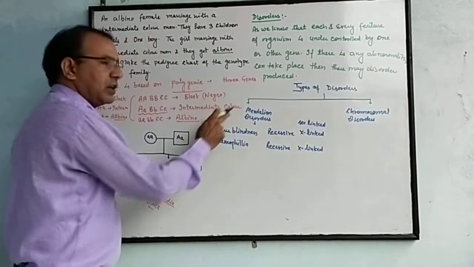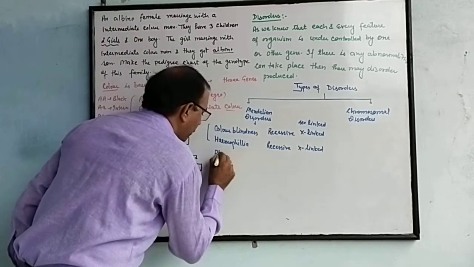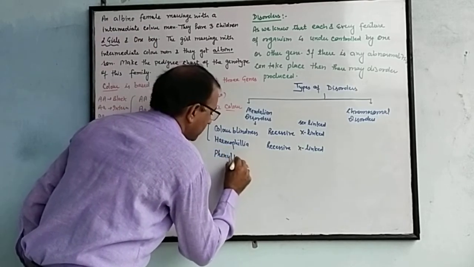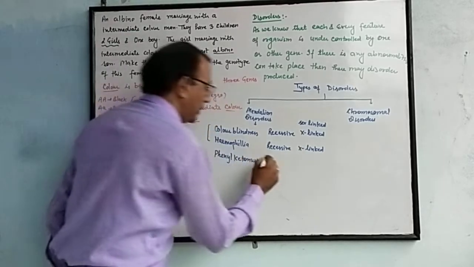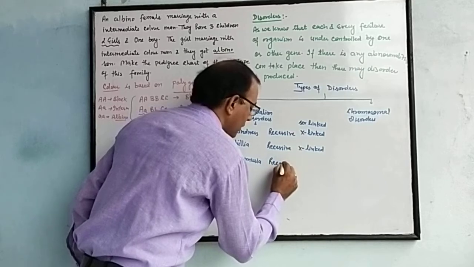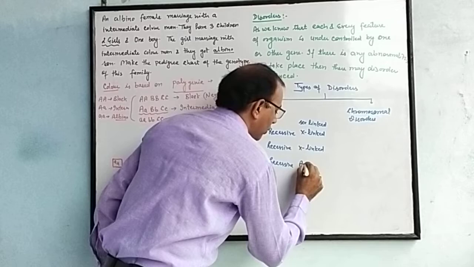Some other disorders which follow the Mendelian pattern are such as phenylketonuria. Phenylketonuria is also a recessive disorder, but it is autosomal.